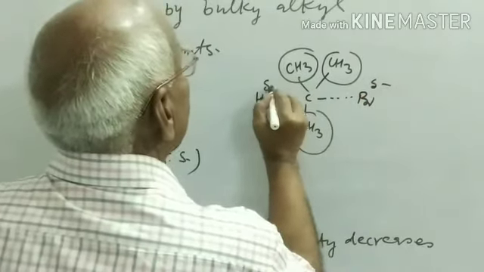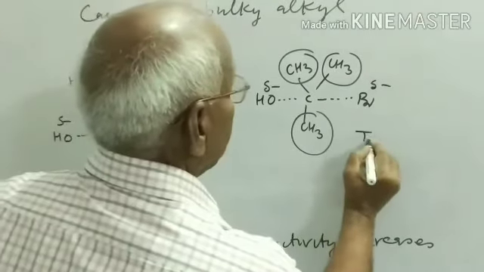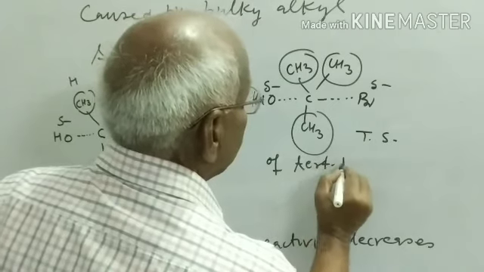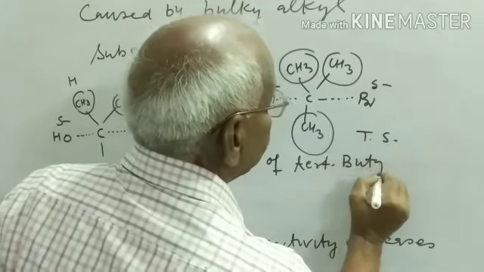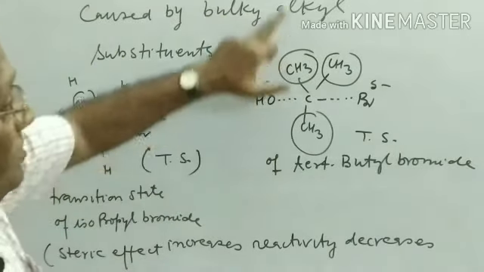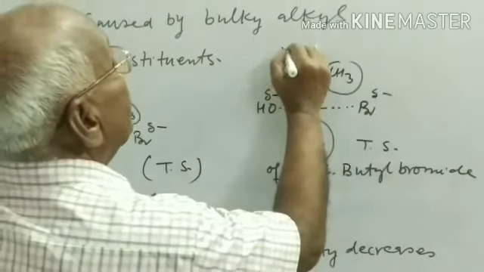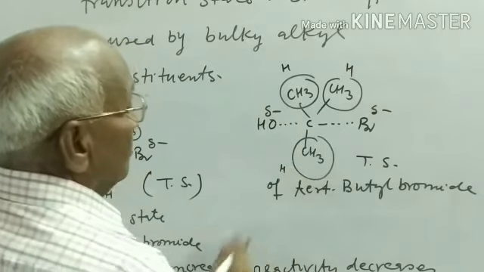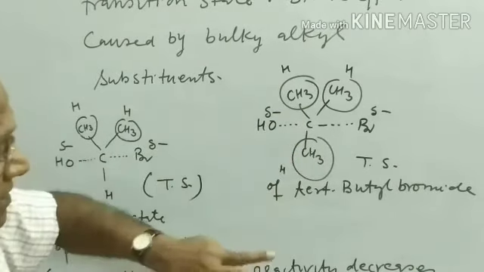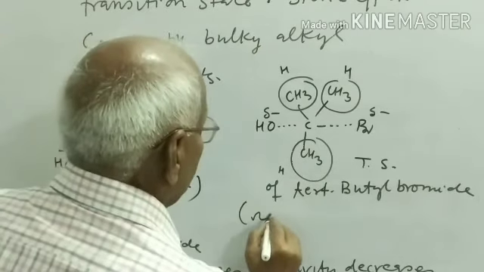This is slightly negative, again slightly negative. This is the transition state of tertiary butyl bromide. Steric effect is maximum here in comparison to hydrogen. The entry of the 3 larger methyl substituents makes the transition state stay for a longer period, therefore reactivity decreases.